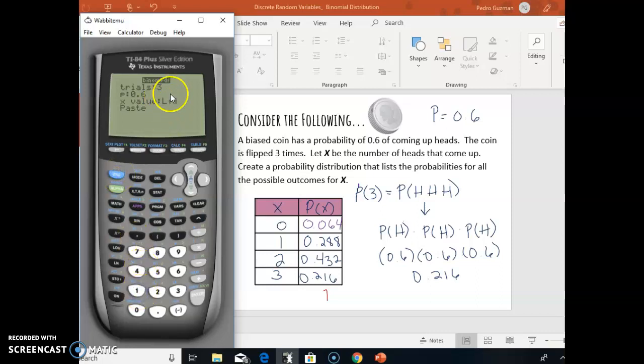And now it's going to substitute each of those x's in one at a time and get the corresponding probabilities. So I'm going to hit paste. If you had the 83, you type it in with parentheses like this, 3, comma, 0.6, comma, L1, close, and then hit enter. And look, it populates the same probabilities that were on our table. So that's just a little shortcut for you.